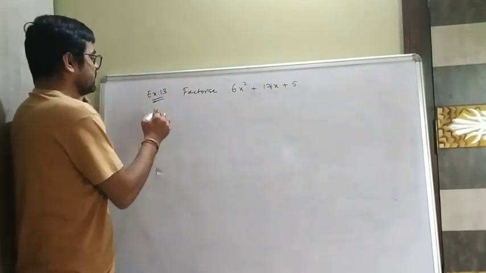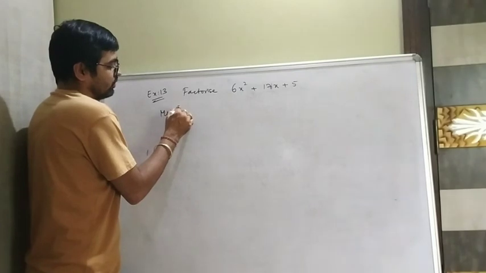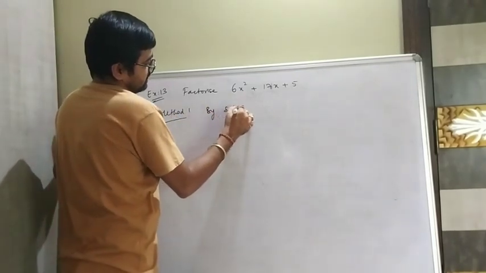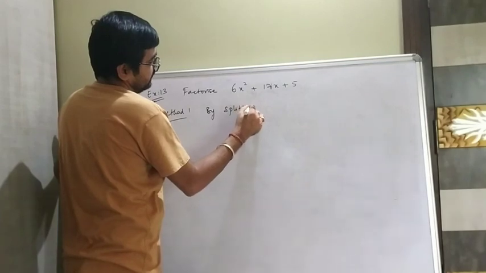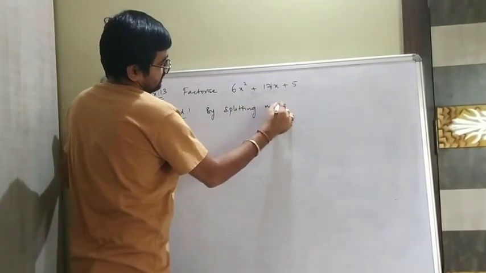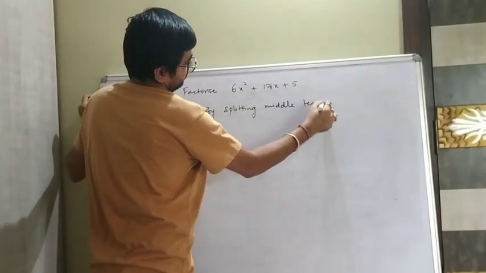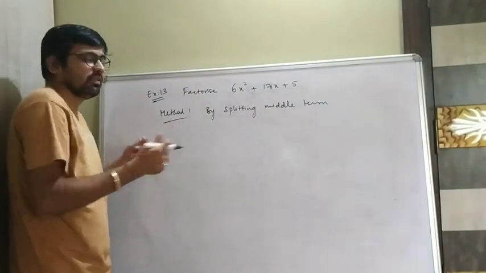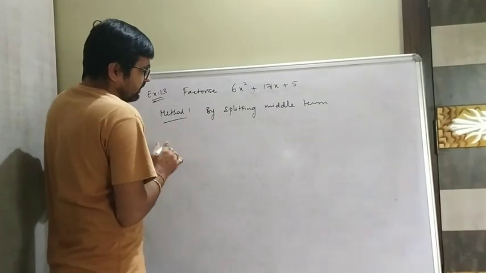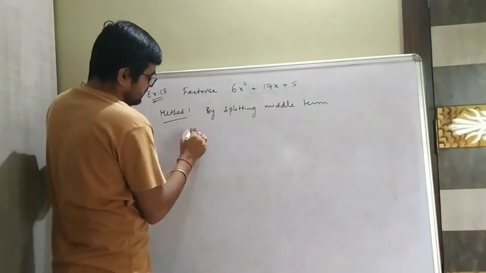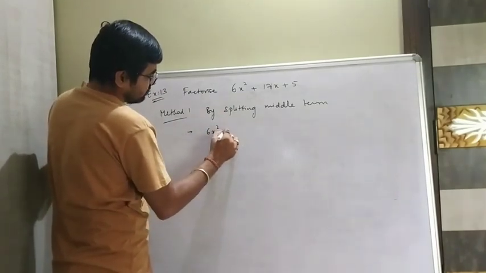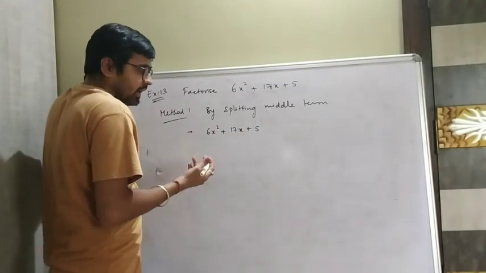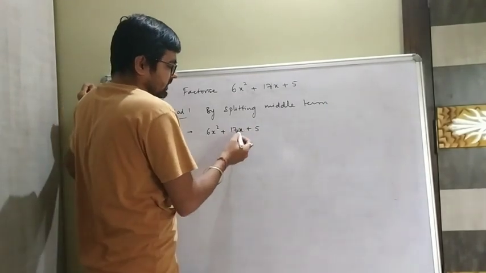So let's go with method number 1, splitting the middle term. Then we'll see how we can do this particular problem using the factor theorem. So first of all, if I want to factorize 6x square plus 17x plus 5, and if I compare, I can see this is ax square plus bx plus c.